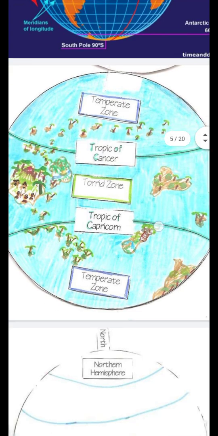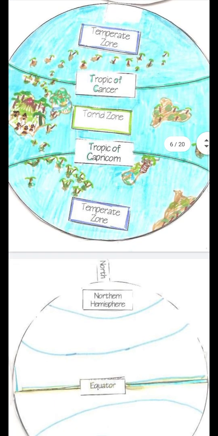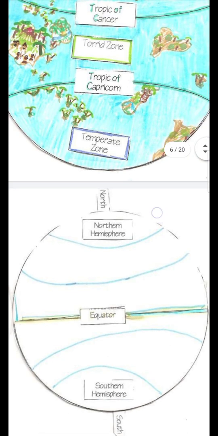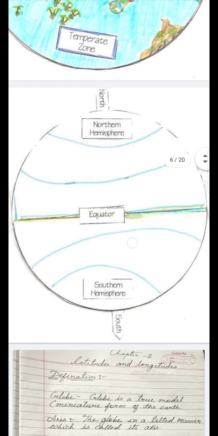The middle of the Tropic of Cancer and Tropic of Capricorn is known as the torrid zone. Here is some diagram: northern hemisphere, southern hemisphere, and equator.